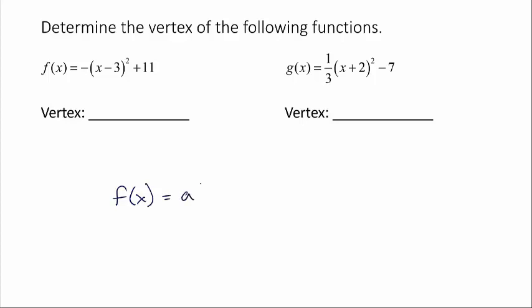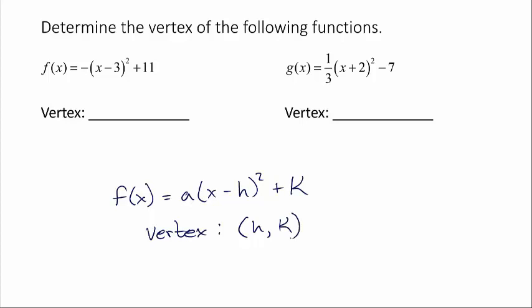So we have a times (x minus h) quantity squared plus k, and the vertex is (h, k), right?